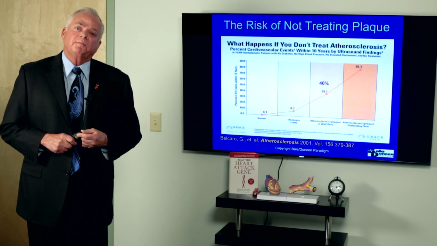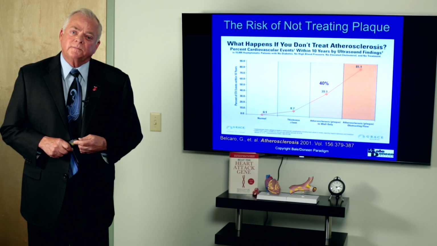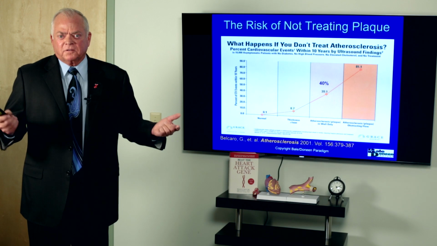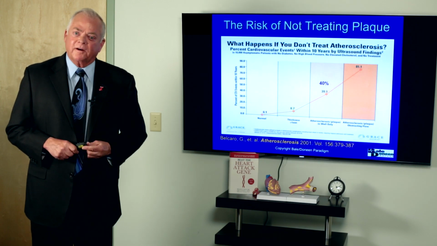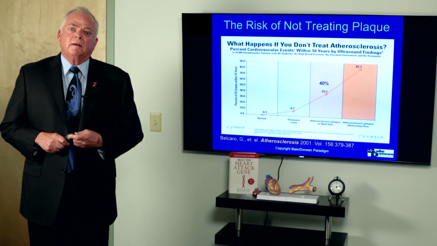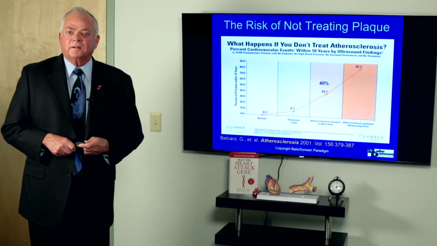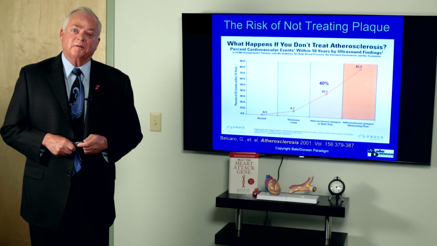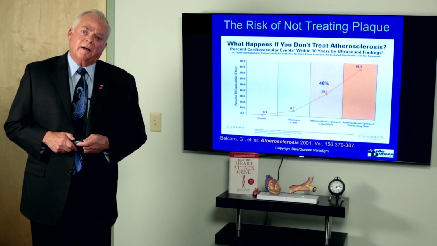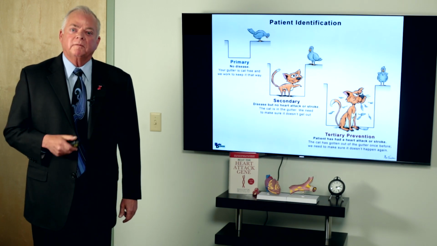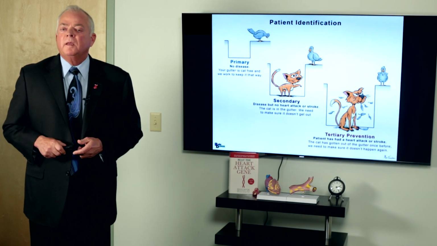And certainly, if you find a cat in the gutter, you'd have to be a pretty brave gambler to say, well, there's a 60% chance I won't have a heart attack or stroke in the next 10 years, so don't bother treating me. I think most people would want to be treated, especially when you consider the standard of care, 20% is high risk. So an excellent study that a lot of people aren't aware of, and it can't be repeated.